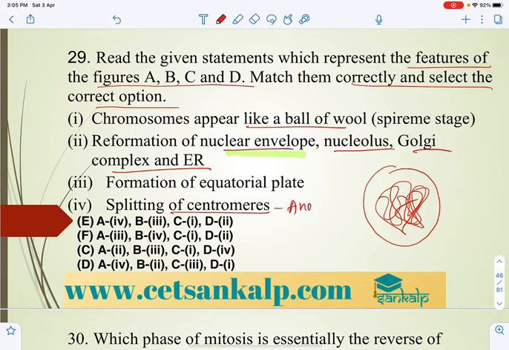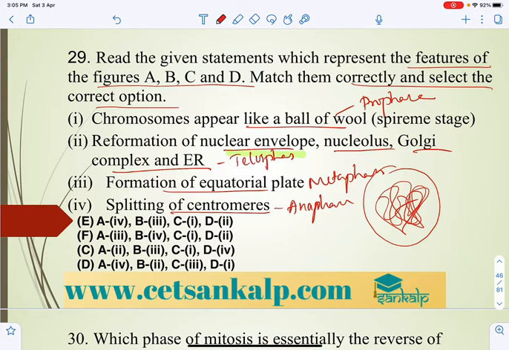Let me write here: splitting of centromere in anaphase, and formation of equatorial plate, that is in the metaphase, and reappearance takes place in the telophase, and this which appears in the prophase. So here we can arrange: prophase, splitting of centromere.